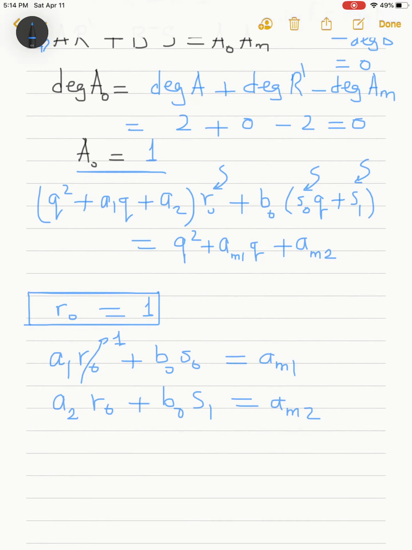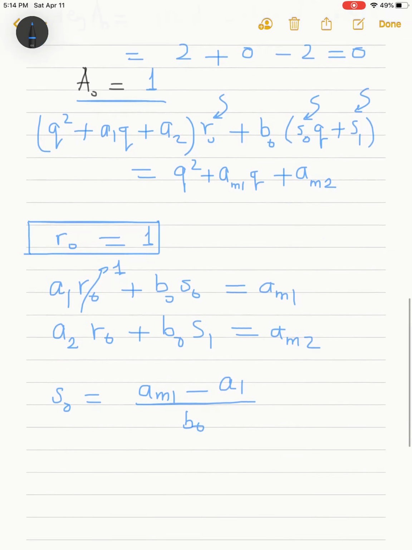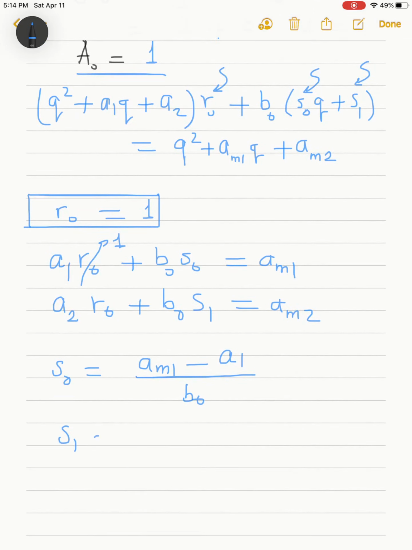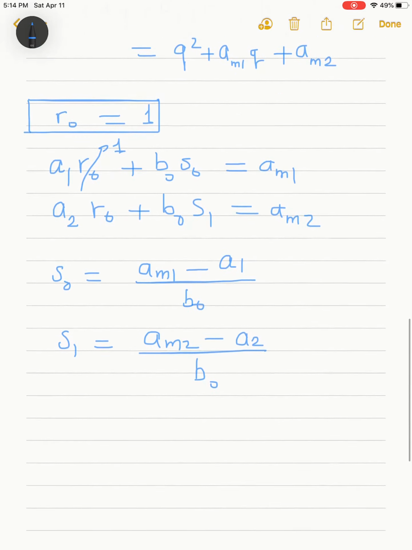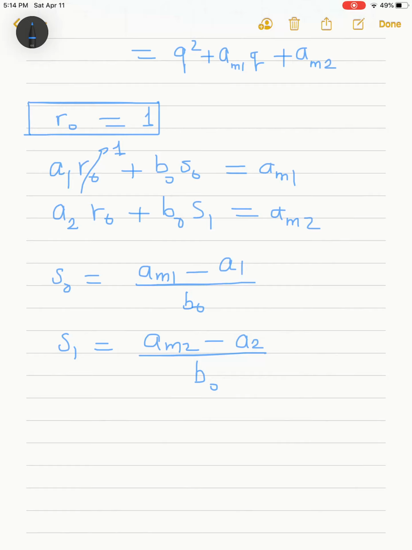I will get from the first equation S node equals am1 minus a1 divided by b node, and S1 equals am2 minus a2 over b node. So once I calculate the value of R node, S node, and S1, I can write expressions for the S and the R polynomials.